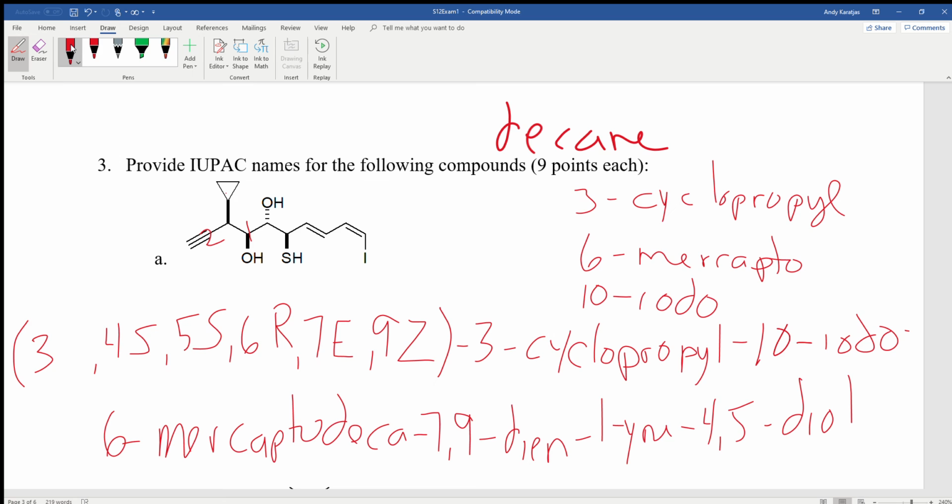So the alkyne gets priority over the cyclopropane ring, which is clockwise, or R. So overall, we have a name for this molecule of 3R, 4S, 5S, 6R, 7E, 9Z, 3-cyclopropyl, 10-iodo, 6-mercapto, deca-7,9-diene, 1-ine, 4,5-diol.